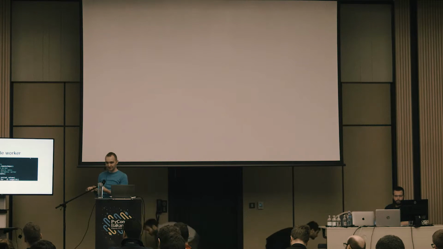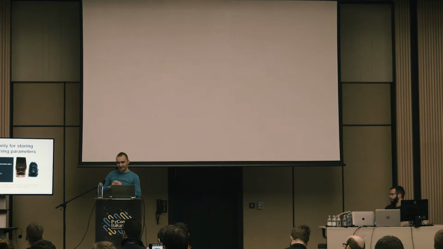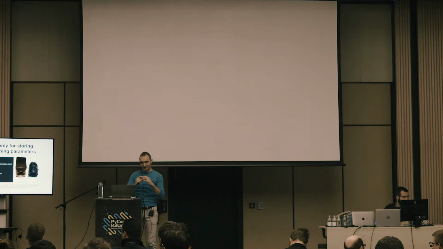This is how it can be used. You just pass the parameter server into the functions if you want. But the actor itself does not have to be a parameter server. The actor can be anything where you need to conserve the state.